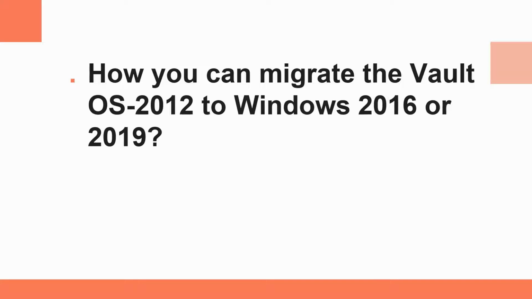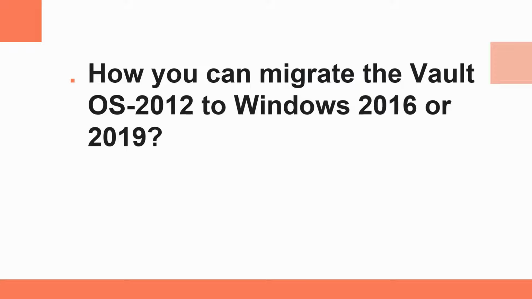Okay. How can you migrate the Vault OS from 2012 to 16 or 19? As Naren said, he was absolutely correct. First of all, we need to build the servers. Let's say you want to migrate from 2012 to Windows 16.